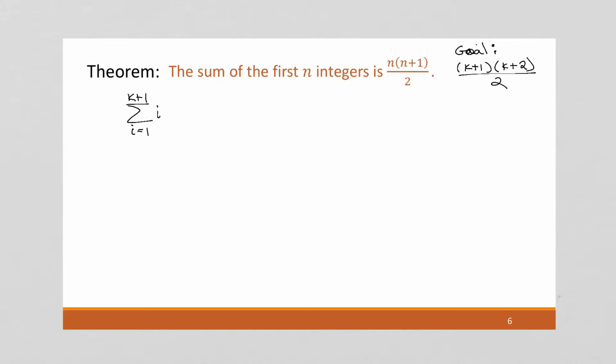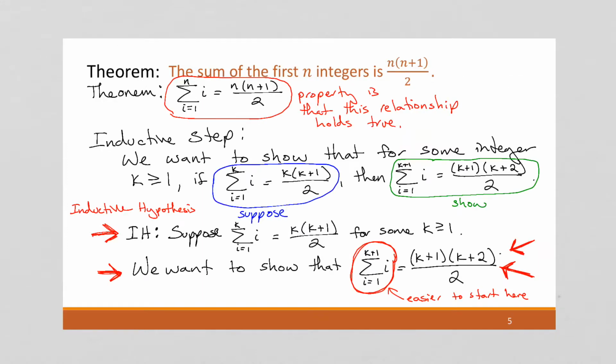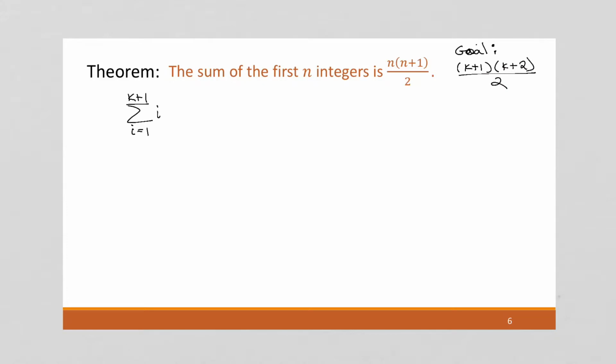But something that's going to be very, very useful is we want to look at our inductive hypothesis, right? We're supposing that this part right here, this relationship, is true. This looks awful close to what I have. If I remove the final term here, we're going to be pretty close.